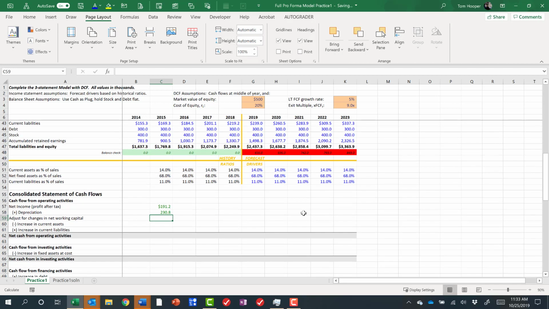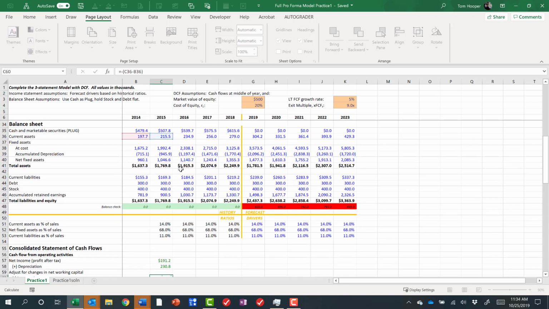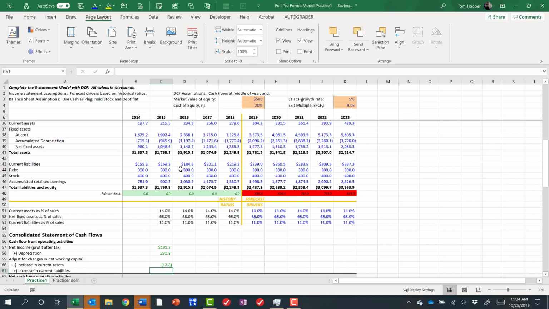And then if any of our working capital assets increased, that was a use of cash, so we want to subtract that. And if any of our current liabilities increased, that was actually a source of cash for us, so we want to include that.